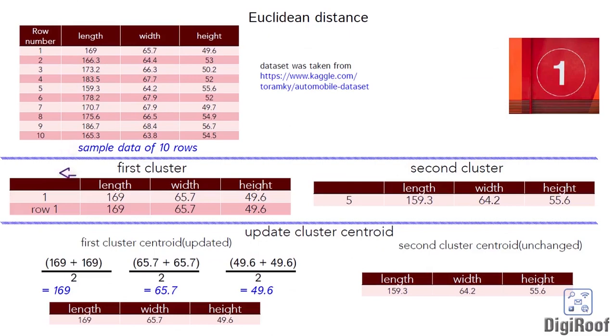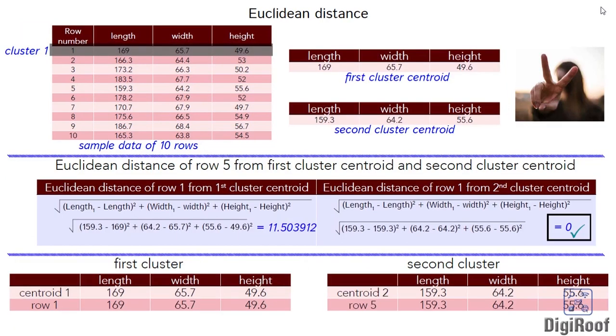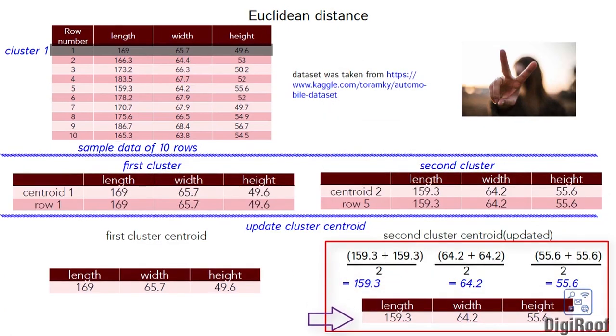Since cluster centroid 1 and row 1 are the same, the average value would remain the same as the initial cluster centroid. Now that row 1 has been assigned to the first cluster, we'll pick the row 5. Since second cluster centroid was row 5, it would become part of the second cluster.